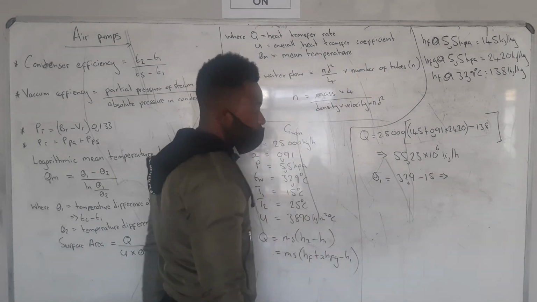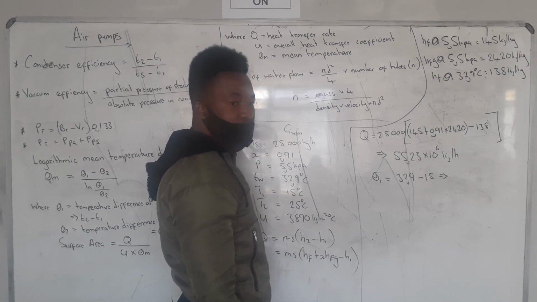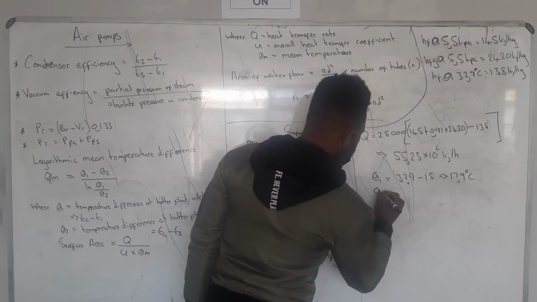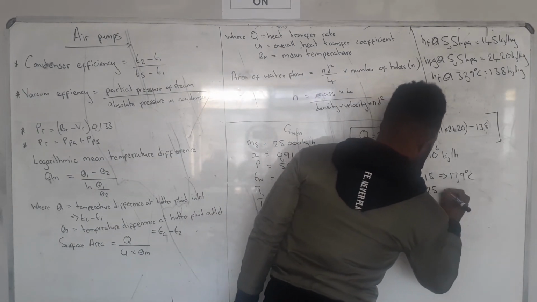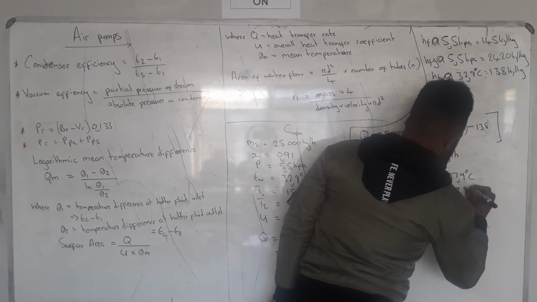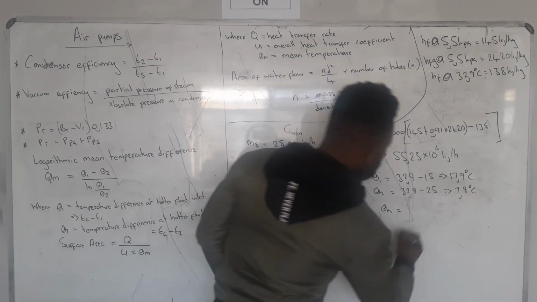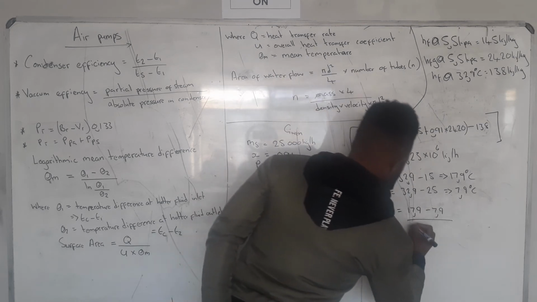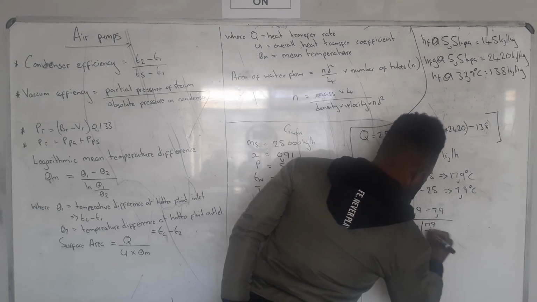What do you get? 32.9 minus 15 is 17.9 degrees Celsius. And then I can also get my theta 2, which is 32.9 minus 25, which is 7.9 degrees Celsius. So now I can calculate my theta M, which is theta 1 of 17.9 minus 7.9 divided by ln of 17.9 divided by 7.9.